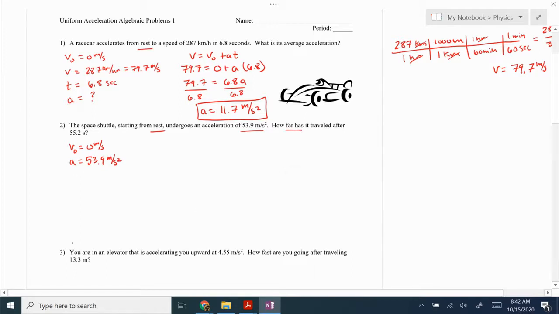So that means we're going to be looking for x or delta x. And we have that t is equal to 55.2 seconds. So looking at the information we have here, this is going to be the second equation because we're looking for a relationship between time and distance. So write that out.